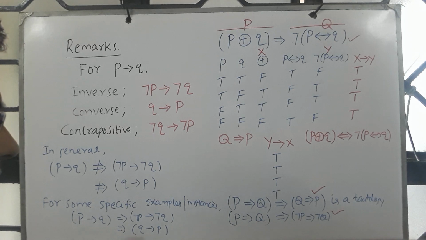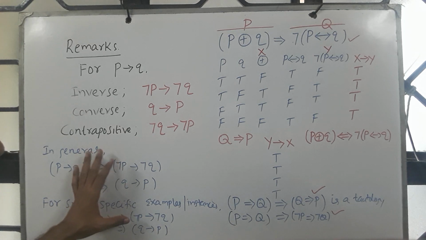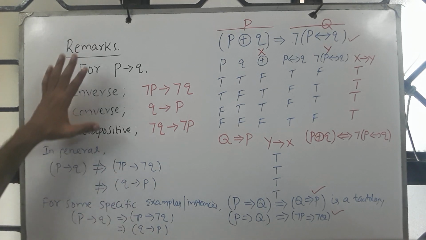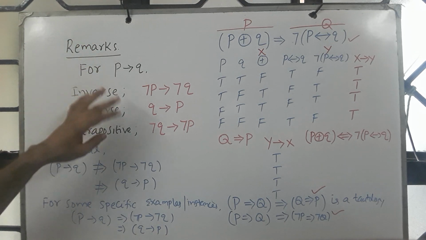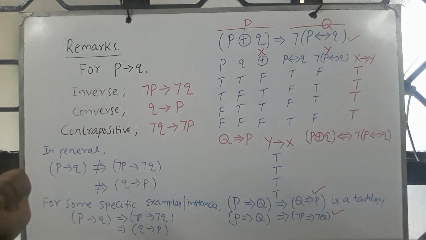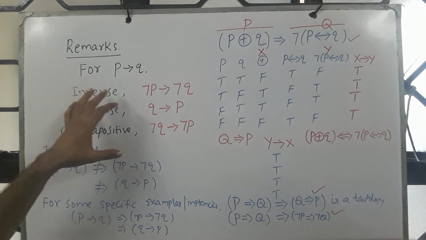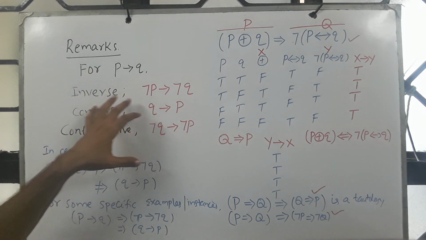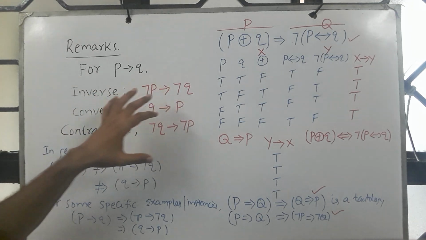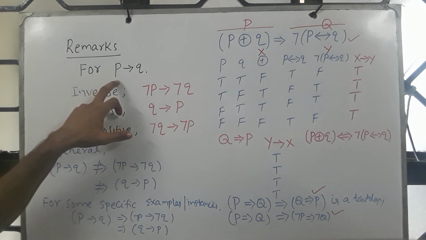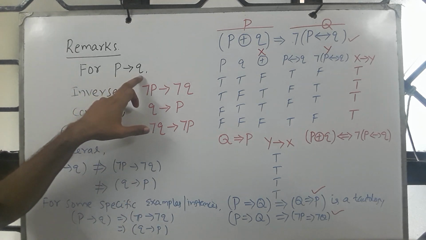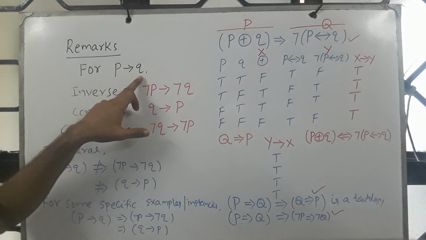Fine. So what we have seen as part of this discussion is, given P implies Q, one can write the variants of P and Q, using something like negation P implies negation Q, Q implies P, and so on. So something like if I study, then I score good marks.